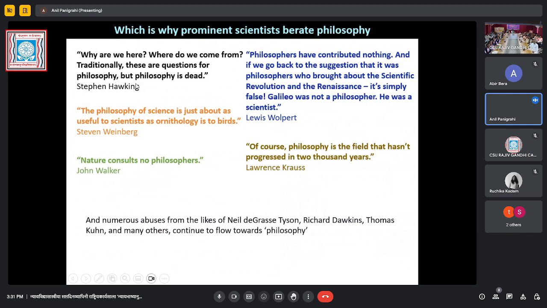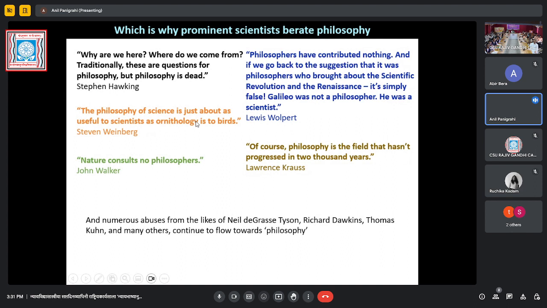We looked into that. Philosophy is dead. Here, Steven Weinberg, a famous quantum mechanics theoretical physicist, said the philosophy of science is just about as useful to scientists as ornithology is to birds. Ornithology is the study of the birds.